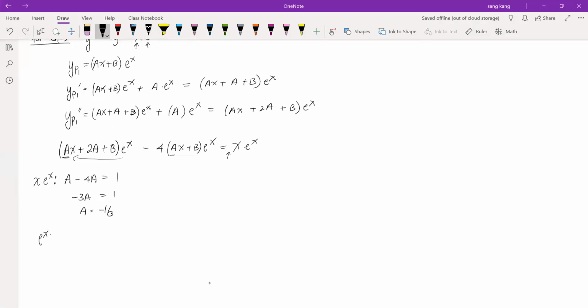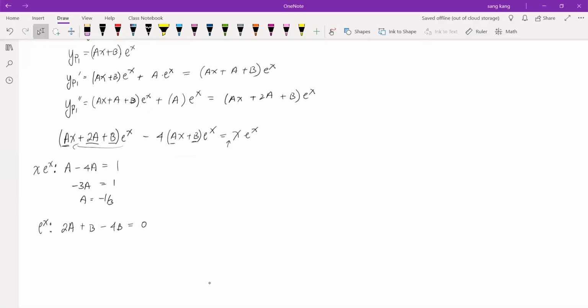Now I'll gather all my e to the x terms. So we have, let's see, 2a plus b, and then minus 4b here, and this equals 0. We already have a, so 2 times negative 1/3 plus minus 3b equals 0.